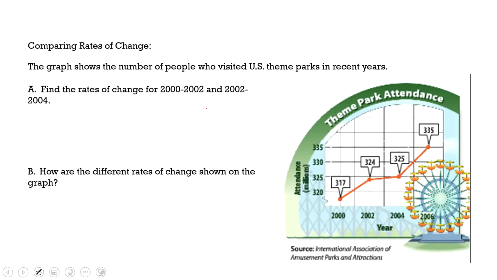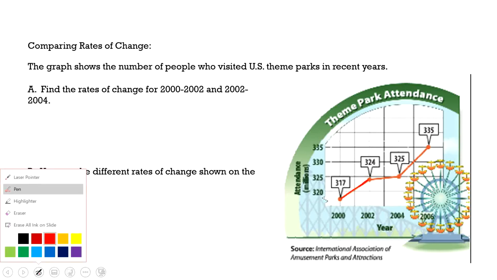One last example, a word problem kind of from a chart. Looking at this, first of all, when we look at our graph, we talked about constant rates of change and non-constant rates of change. As you can see here, let me change color so you can see it better. Let's make it a highlighter.